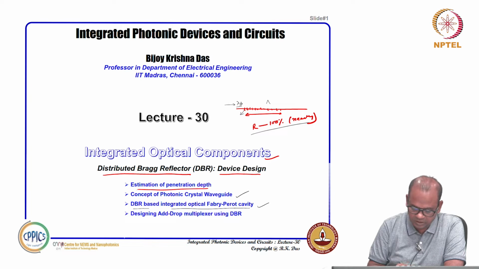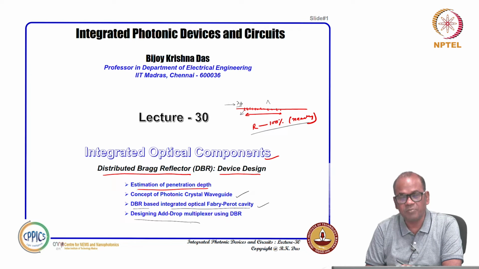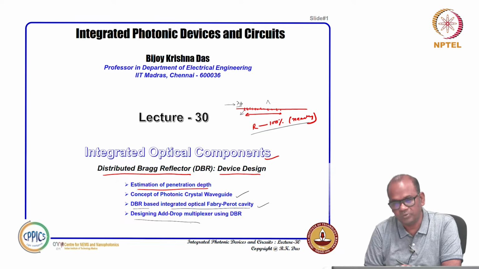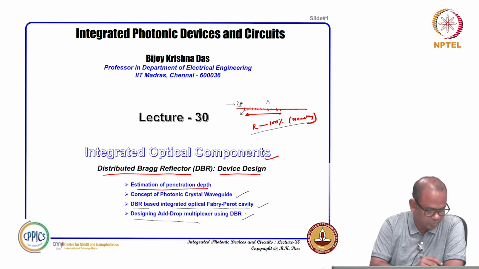So, that will be discussed, and finally, I will discuss how to design an add drop multiplexer. That is a very important device component used in fiber optic communications. Sometimes it is also useful to have such a device on chip for optical interconnect purposes. So, I will be discussing that one.